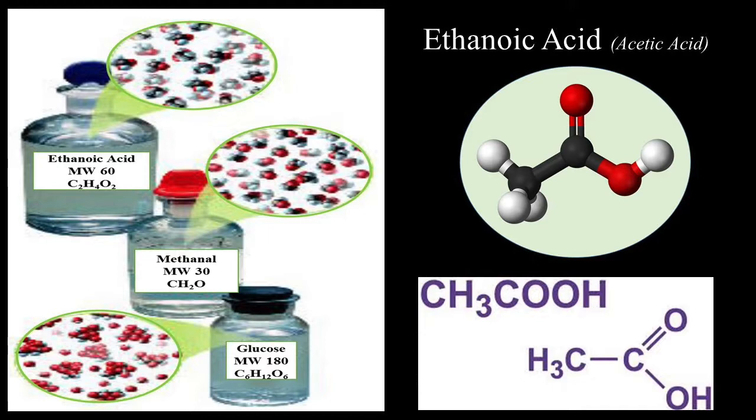Ethanoic acid is another way of saying acetic acid. So that's acetic acid. The white is hydrogen, the red is oxygen, and the black is carbon. And there's a double bond O. So you see that double bond O, and then the C it's connected to, and then the O, and then the H. That's called a carboxyl group. COOH is a carboxyl group.